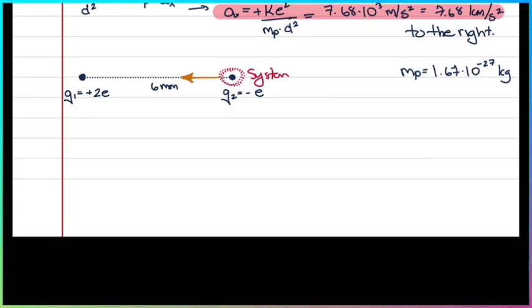So then I should expect that, since it's the only force in town, the force on, and here we have to be careful, on Q2 from Q1, notice it's flipped, force Q2 slash Q1, equals the mass of Q2 times the acceleration of Q2.